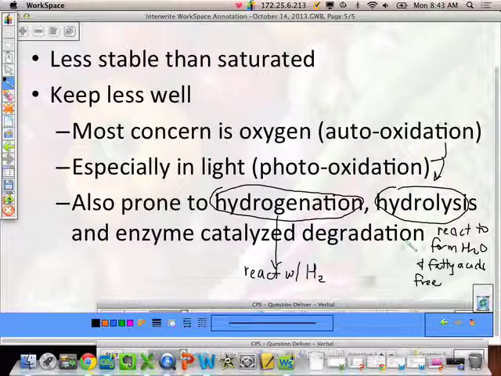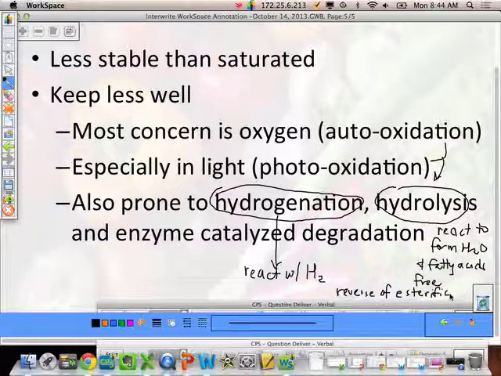And this hydrolysis is the reverse of esterification, where we take a carboxylic acid and an alcohol and react them like we did with the wintergreen lab.